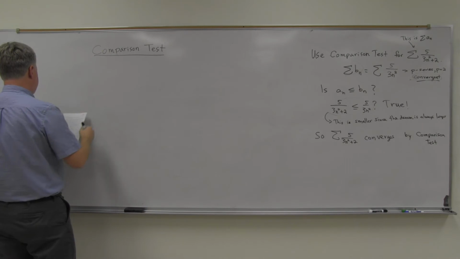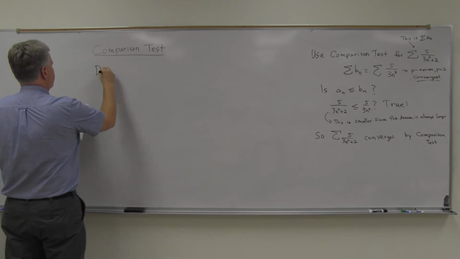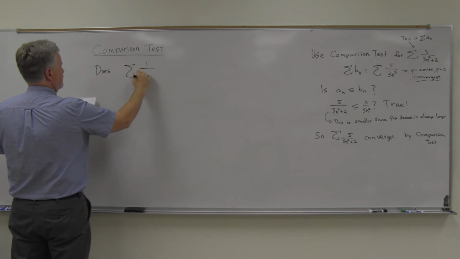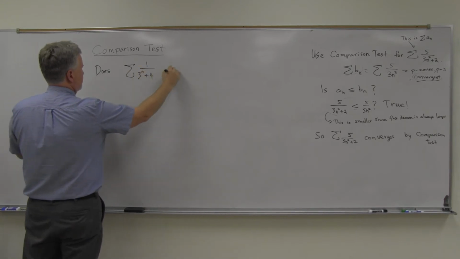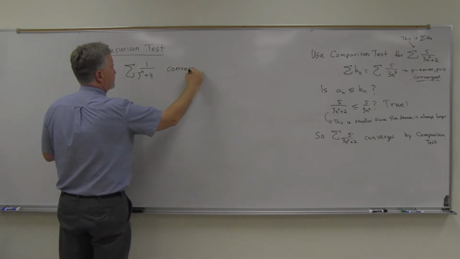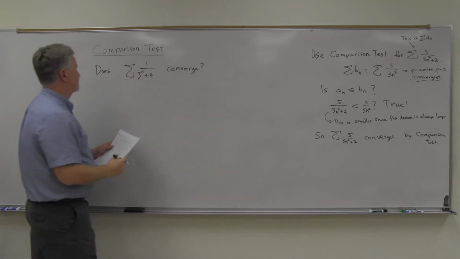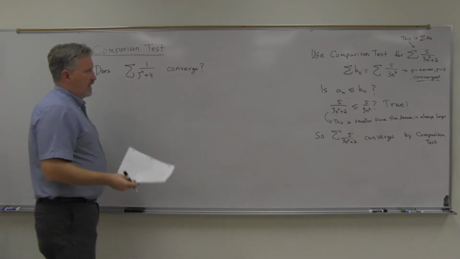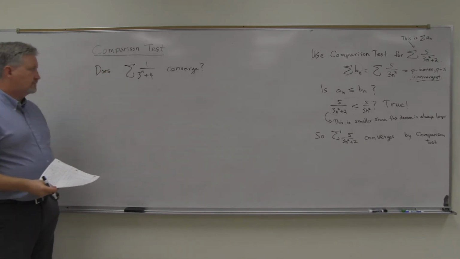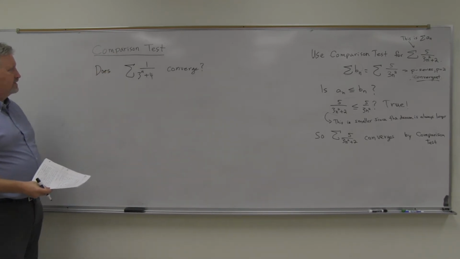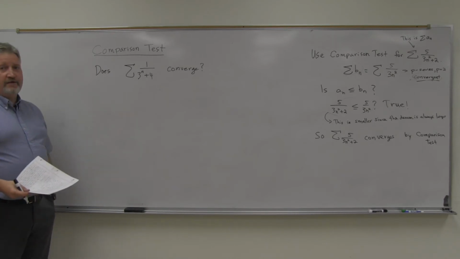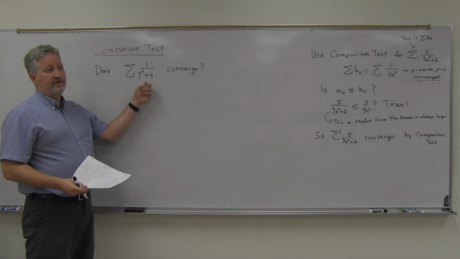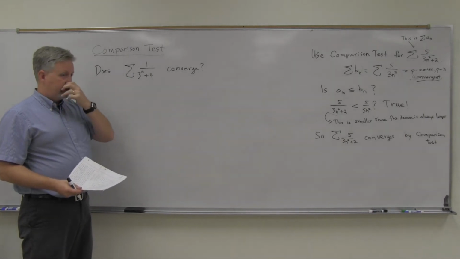All right. Does the series 1 over 3 to the n plus 4 converge? The problem on this one is it sort of looks like maybe one we've encountered in the past, but the plus 4 is what throws a little bit of a wrinkle into it.